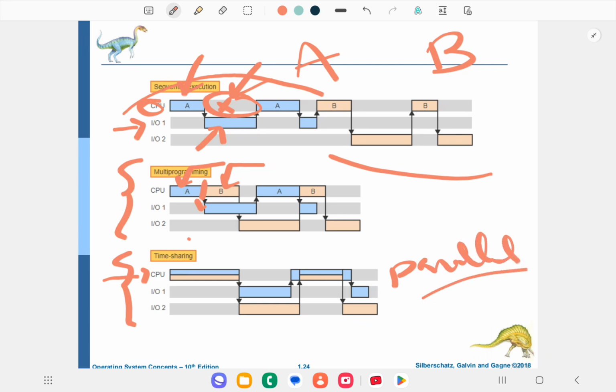So the user gets that experience and gets to interact with the two tasks at the same time. But we only have one CPU, one single processing unit, so they're not really executing in parallel. It's just that the switching between the two tasks is really fast. We execute A for like 2 nanoseconds, and then we switch to B for 2 nanoseconds, and then we switch back to A, and so on. So that's the concept of time sharing or multitasking.